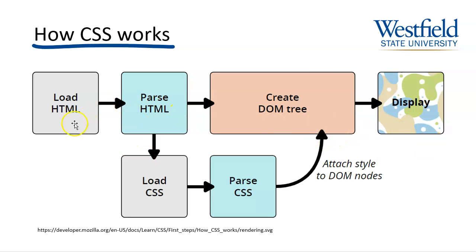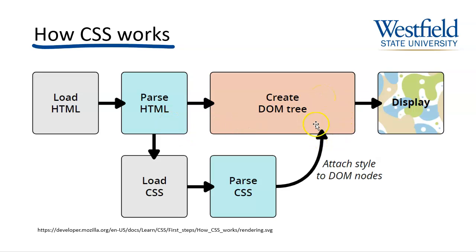So when a browser loads an HTML page, it will parse the HTML into a DOM tree. And while it's parsing the HTML, it will run into a directive to either load a CSS style sheet or whether the CSS style sheet is embedded or in line within the element.